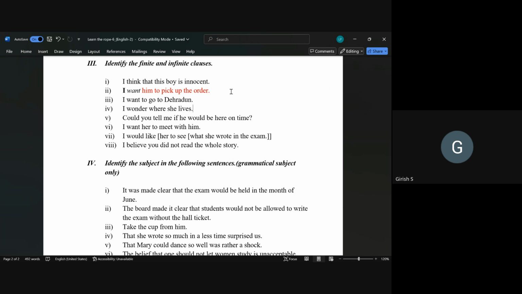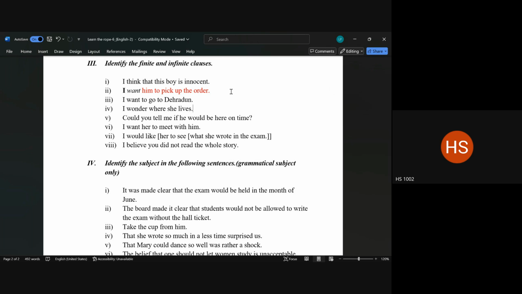That whole chunk is your subordinate clause, right? Now there is embedding in this. There's another clause embedded within the clause. Her to see, and then what she wrote in the exam is embedded within the larger subordinate clause, her to see what she wrote in the exam.